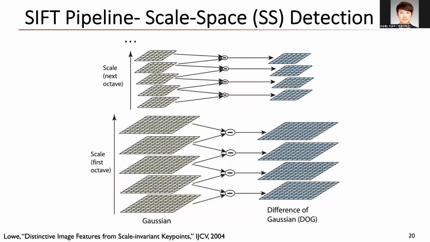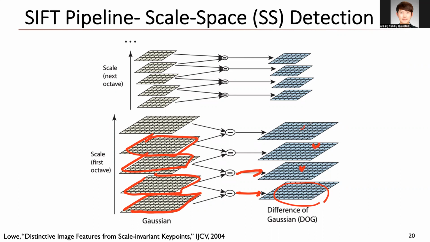So it looks like this. Given an image, we first make a scale pyramid by convolving with the Gaussian kernel and find the difference between them, just the difference, and find the extreme points here.